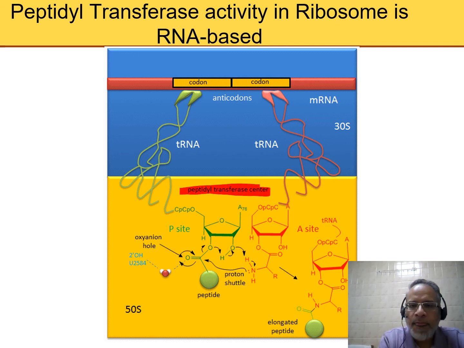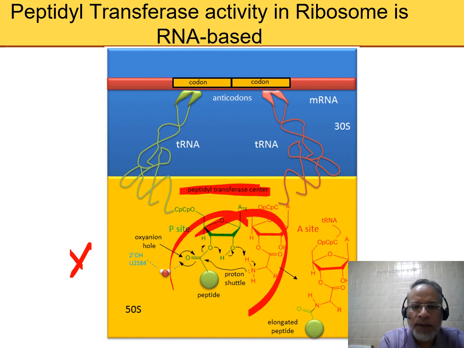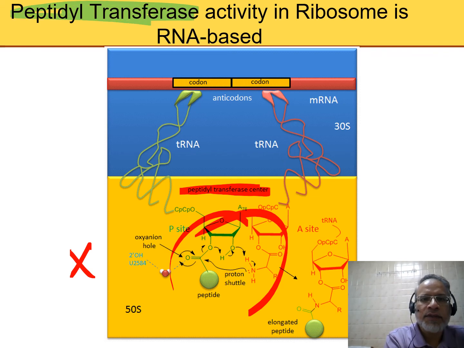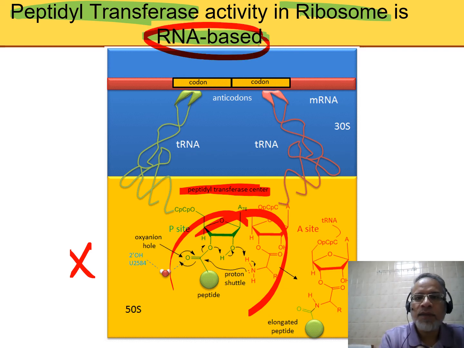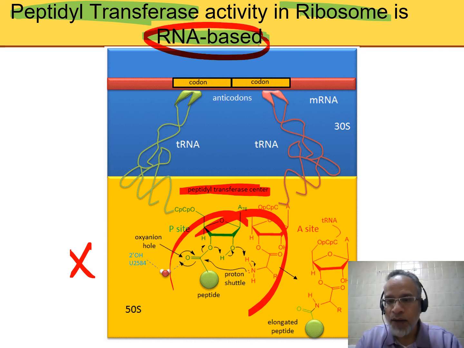Again, don't worry about the mechanism, but that enzyme inside the ribosome turns out to be an RNA-based enzyme. So RNA-based enzymes are very, very important. They are found in the ribosome and in many other places. They're critical for life, right?